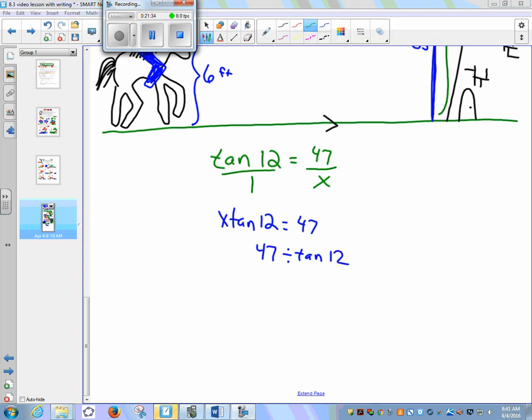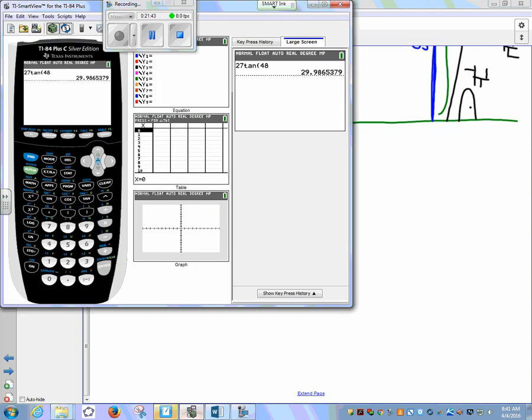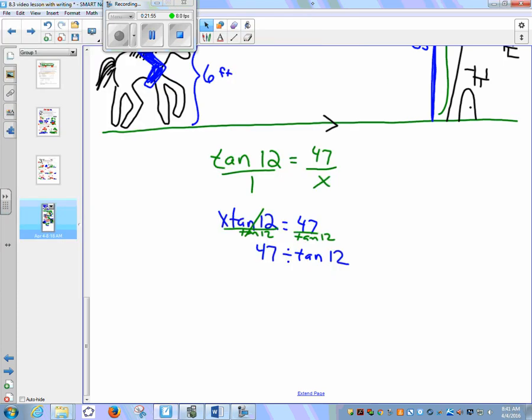Right? Because we're trying to get x by itself, so we're going to divide by tan 12 on both sides. Whenever x is on the bottom, it ends up being a division. 47 divided by tan 12 is 221 feet away. That's actually not that far. On a horse, he'll be there in no time.